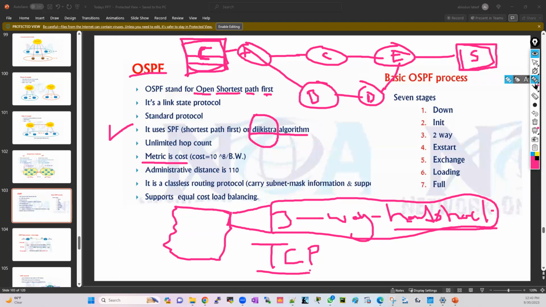So now, based on the OSPF conversation, OSPF uses what? Metrics of cost to determine where to send packets.